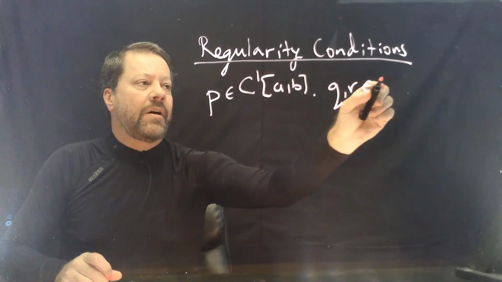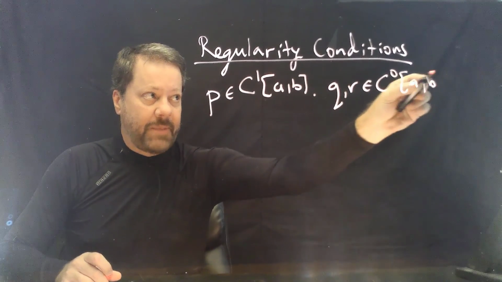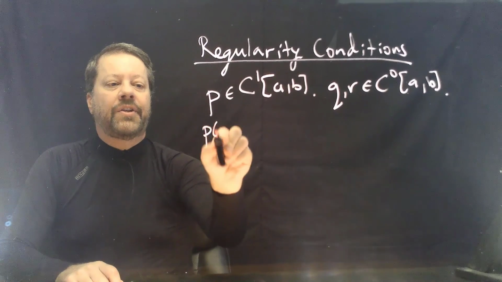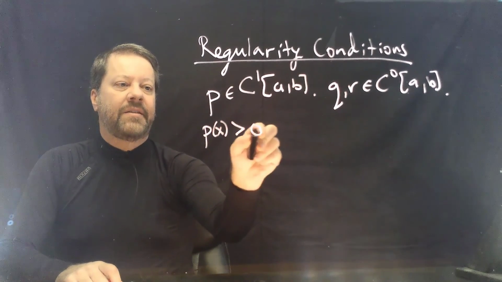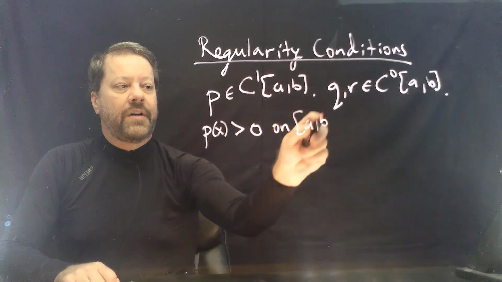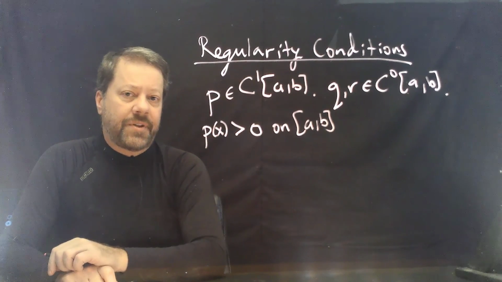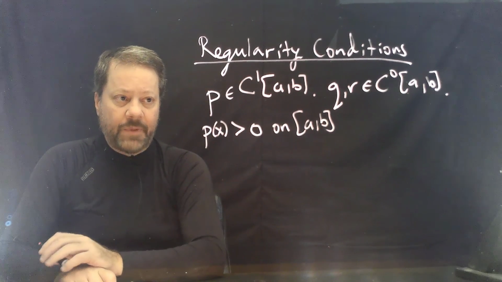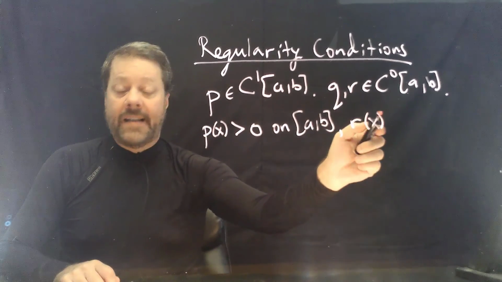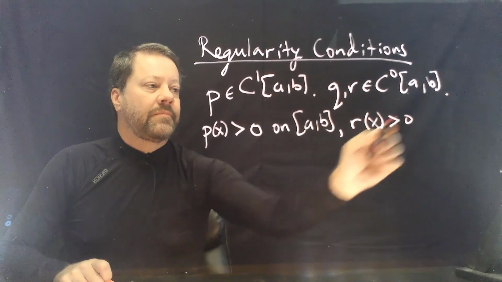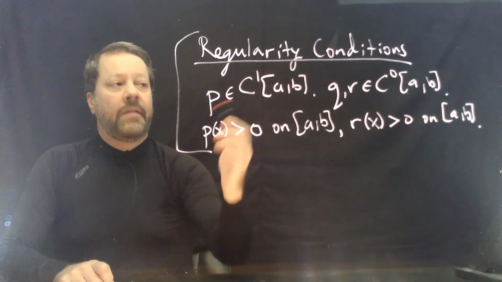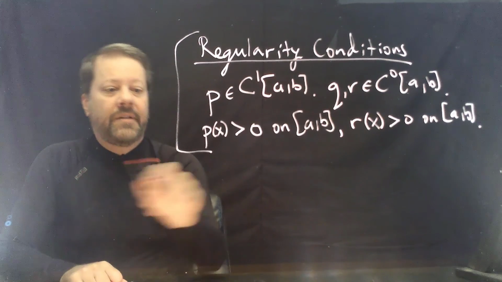We also need q and r to be continuous functions on the closed interval AB, meaning that they are continuous. We need the function p of x to be strictly greater than 0 on the closed interval AB, so we don't lose that first term ever. The y double prime coefficient will never be equal to 0, and neither will the coefficient of lambda. These are our regularity conditions.